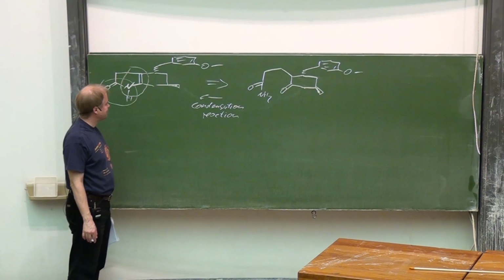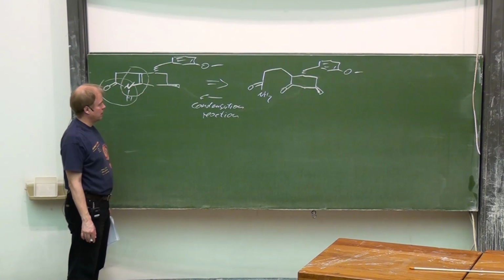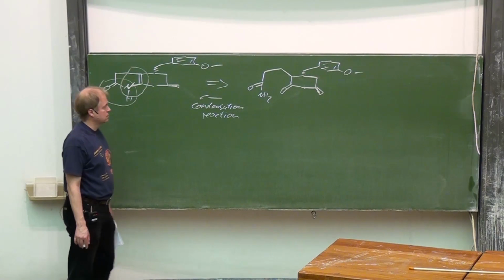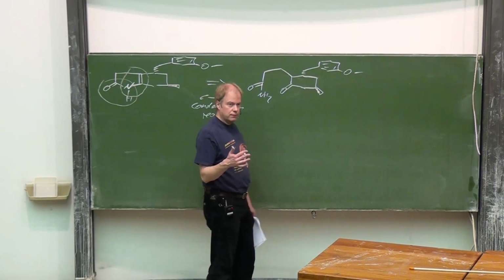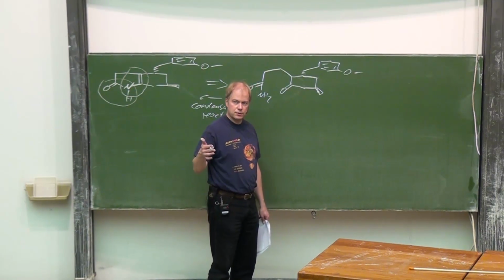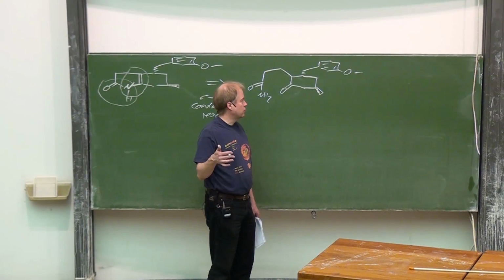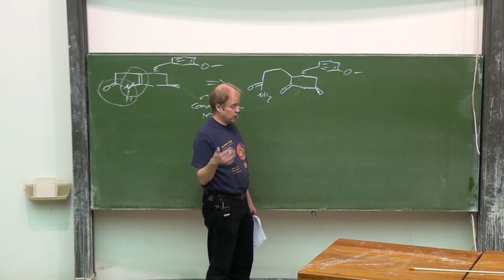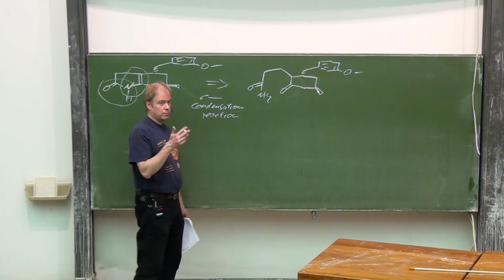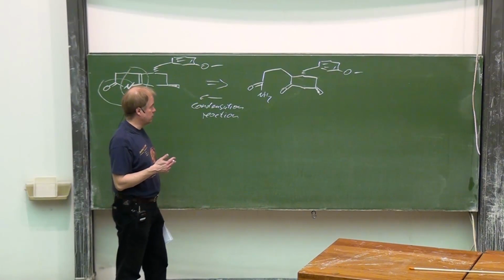So, next step. Where do we have a strategic bond for cleaving within the retrosynthetic analysis and getting to a much more simple structure? On the other hand, a bond which is easy to be formed.